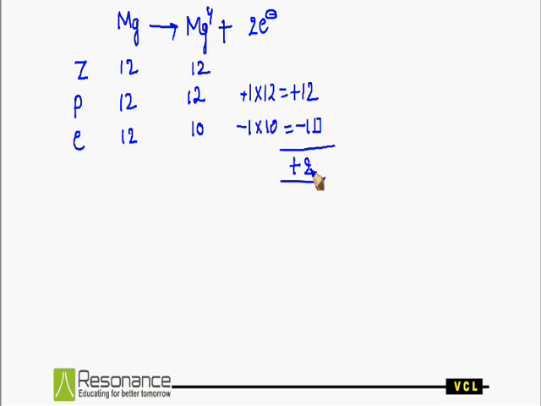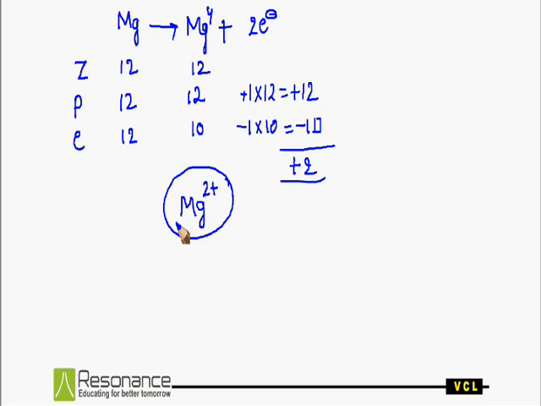Now we can say that +2 charge will remain on magnesium, so we can write Y is equal to +2. So the charge on the magnesium ion in this case will be +2.